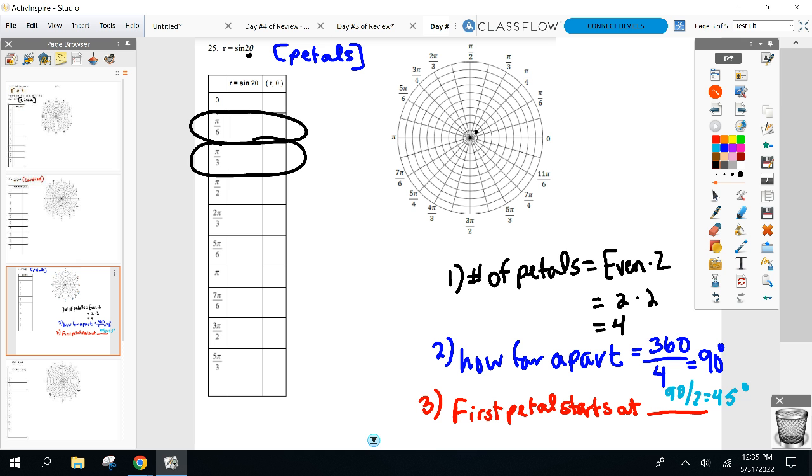Everyone see up here what gives you full credit on a petal curve tomorrow? These 3 questions answered, along with 2 spots in your table filled out. All good? And then how do you find petal number 2 now? I'm right here at pi over 4.